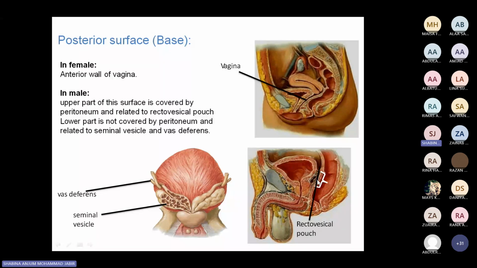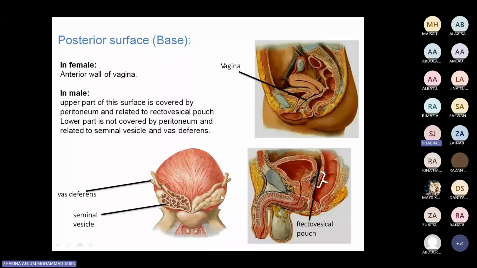The lower part of the urinary bladder has no peritoneum, but it is related to the seminal vesicles and also the vas deferens. This is the posterior surface of the bladder.